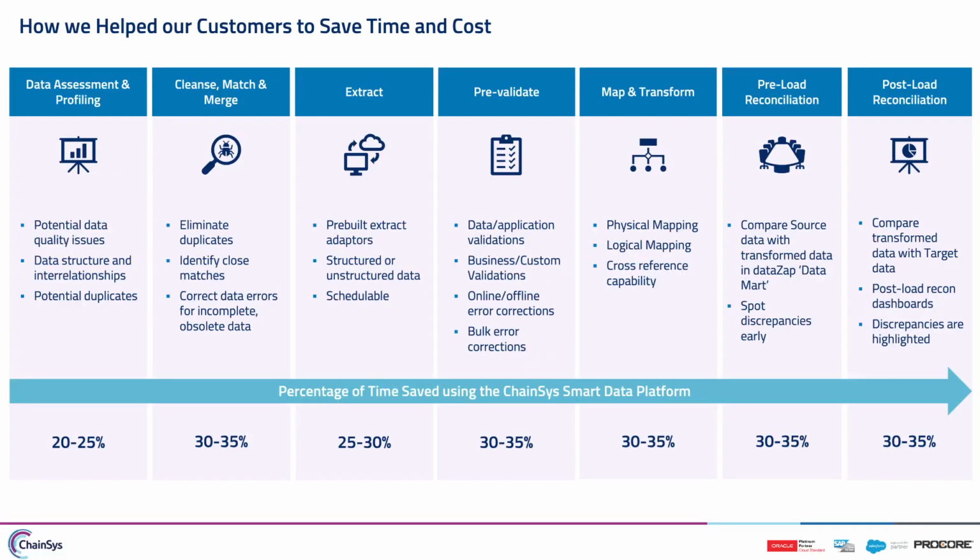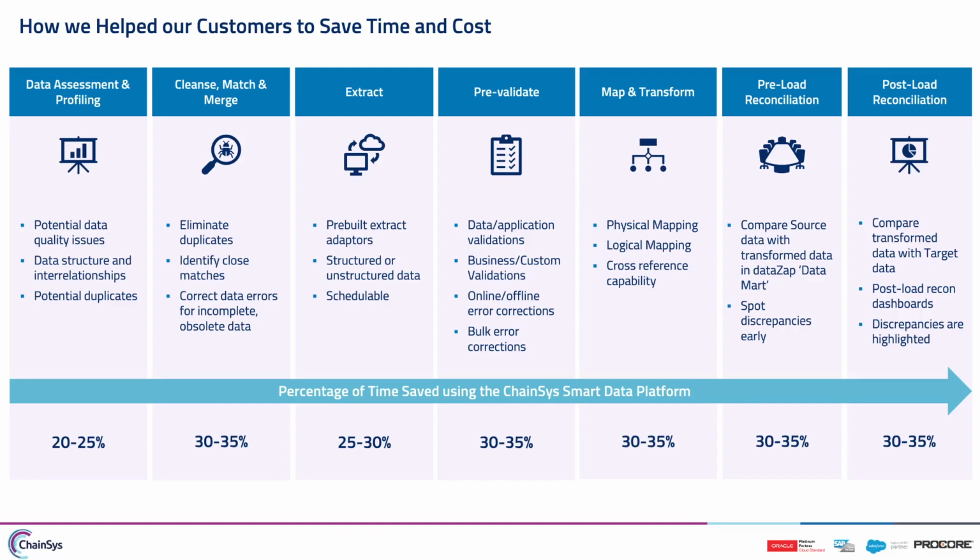This is how we help our customers save time and cost. With the data assessment and profiling, we can easily save 20 to 25%, because initially we are able to identify all the potential data quality issues, the data structures, and the interrelationships among the multiple tables.